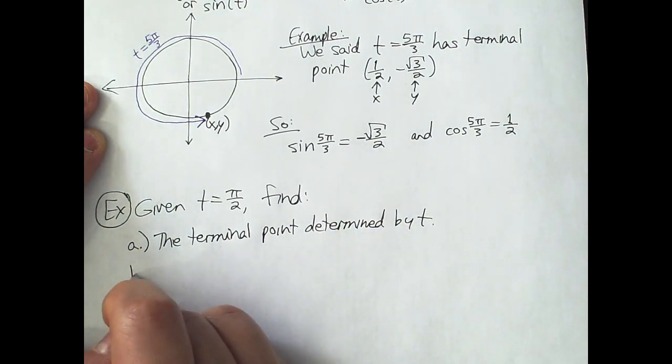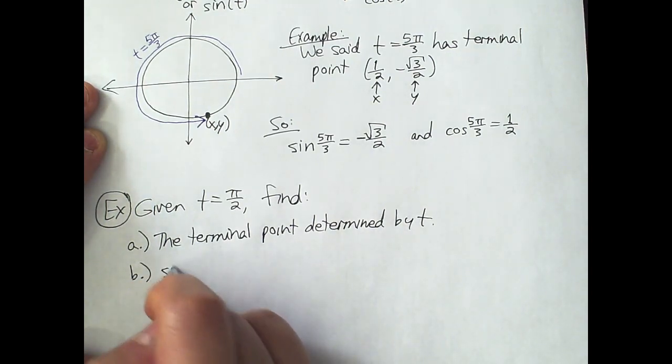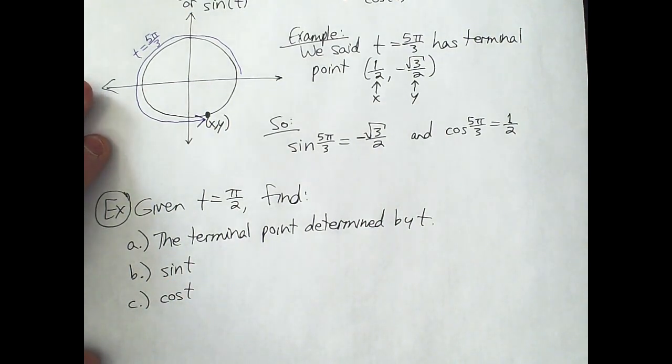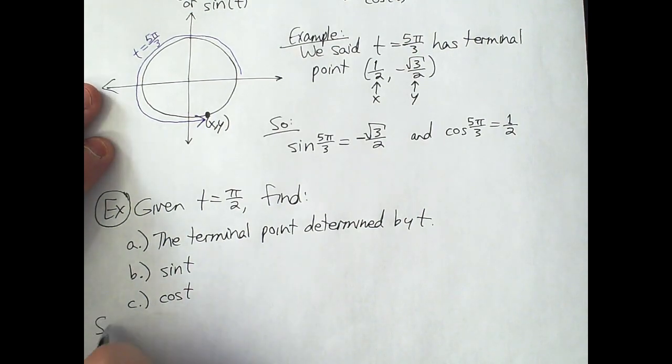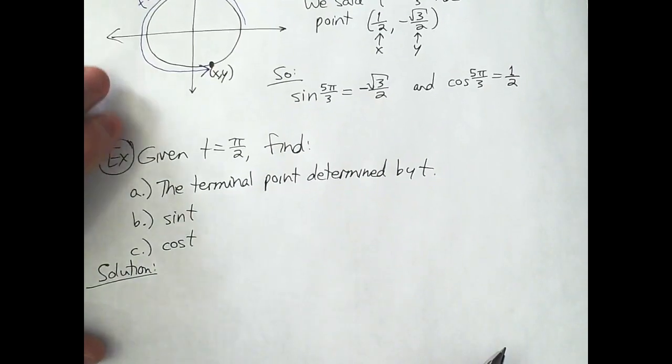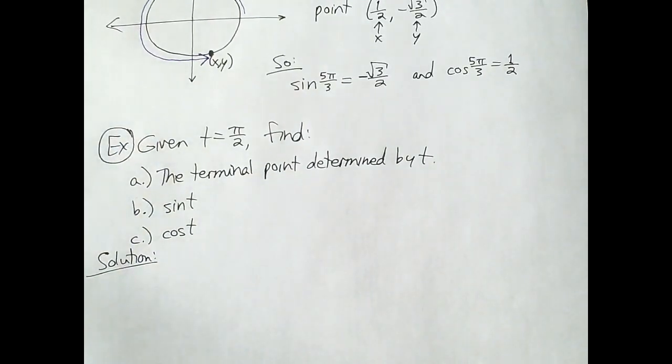And next, I'm going to ask you to find sine of t, and next, cosine of t. But like I said, I'll start this out for us. Let me just give you a chance in case you're writing that.